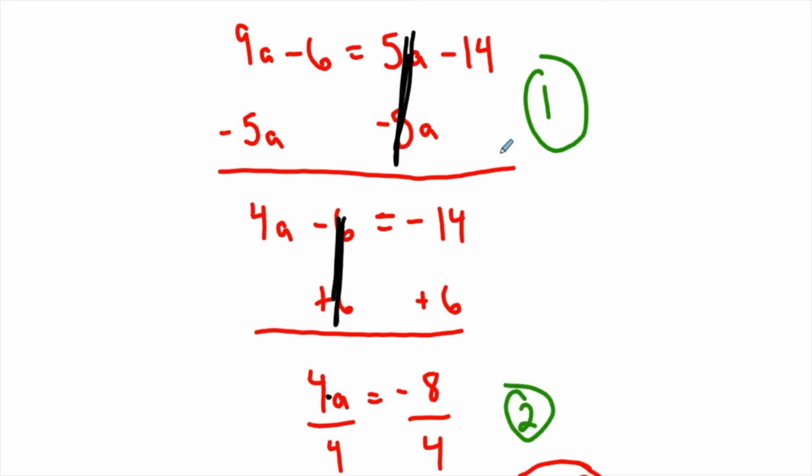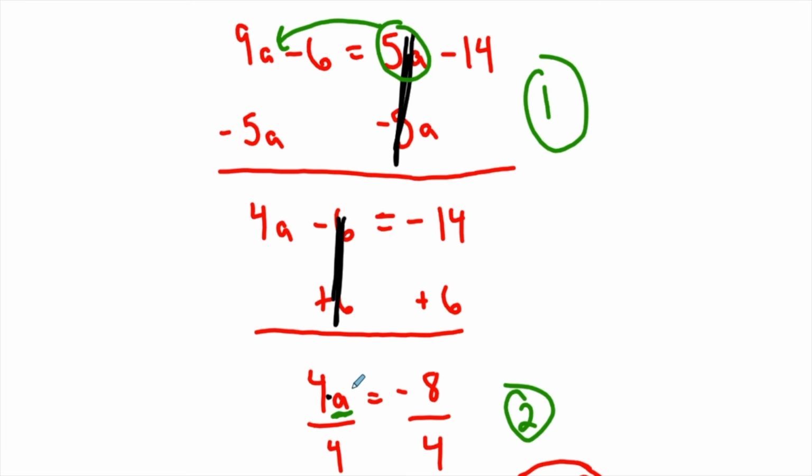So in this step next to the 1, you see my goal here was to move this entire term, 5a, over here with this 9a. So it wasn't to separate the 5 from the a, it was to move that entire term over to the left-hand side. Now that's different from what I have down here next to this 2, because my goal in this step was to just get rid of the 4 to leave me with a by itself.